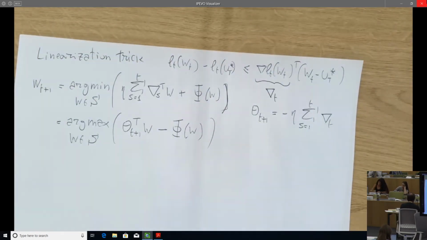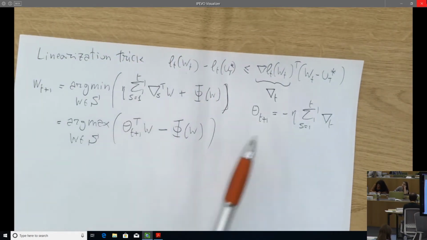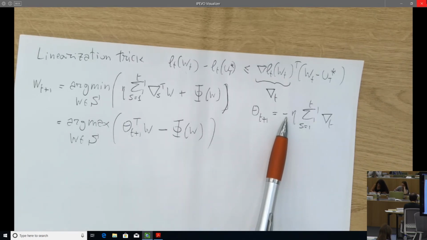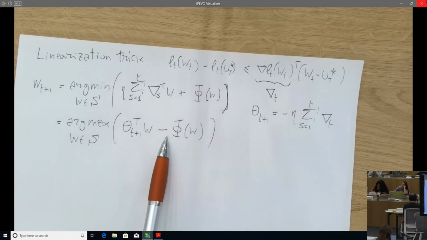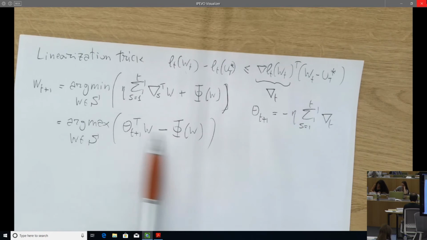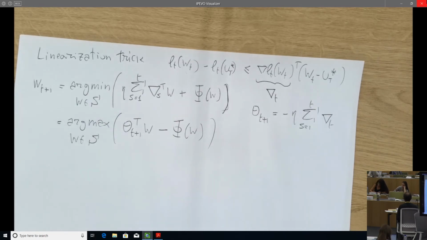So I swap the signs. This contains a minus, and this plus has become a minus. So that's why I swap the argmin with an argmax. But other than that, nothing has changed, so the solution will be the same. The argmin will be the same as the argmax.